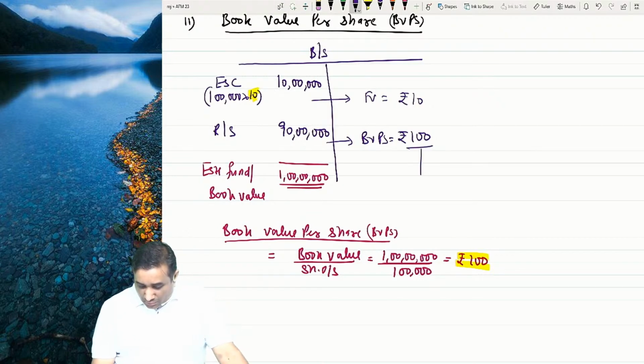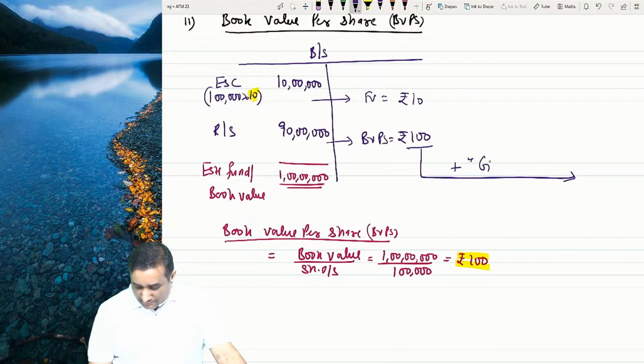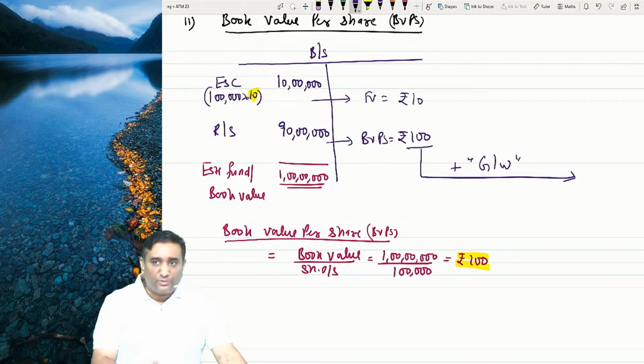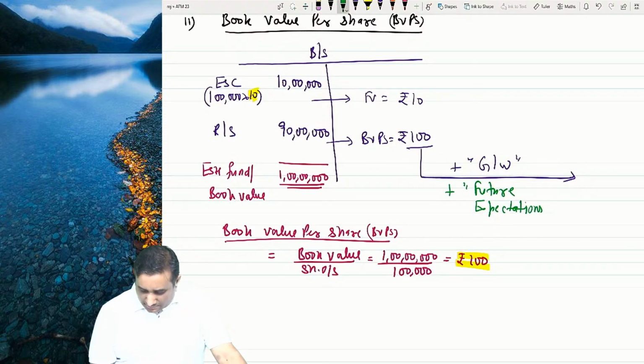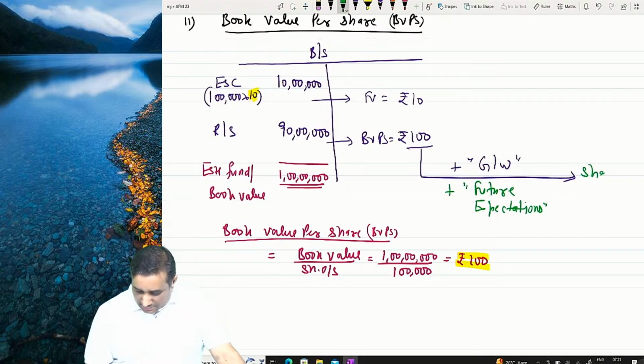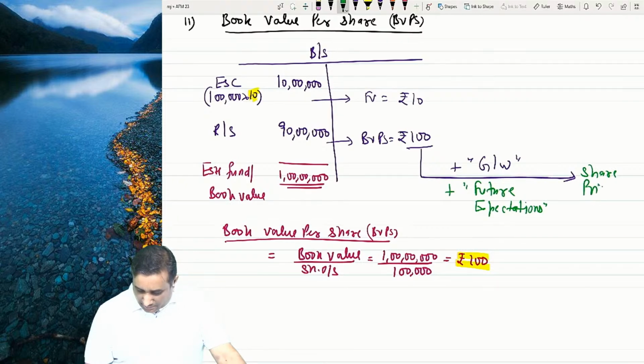Now in this book value, if I add what you call in accountancy goodwill, although not exact goodwill, there could be a few adjustments, but remember roughly goodwill. In finance we call it future expectations. If I add this part here, it becomes the share price.